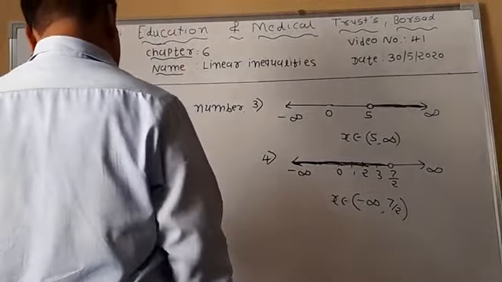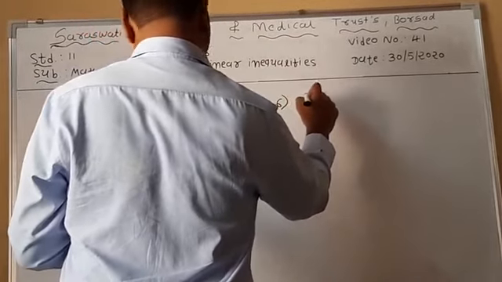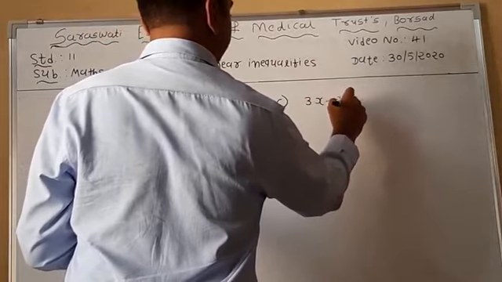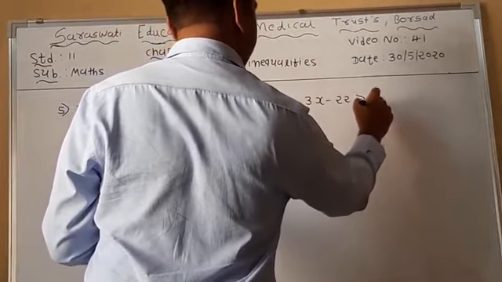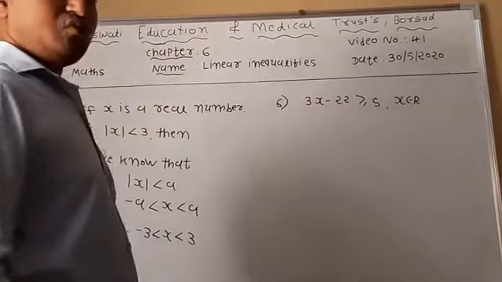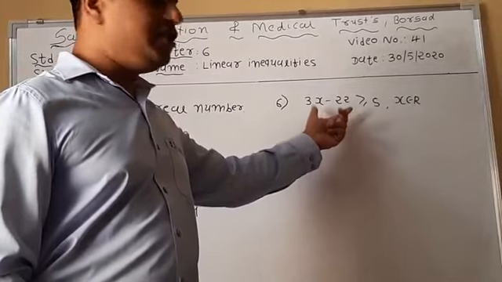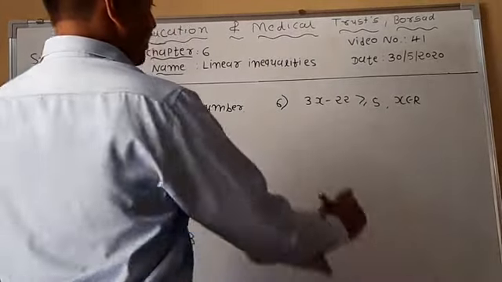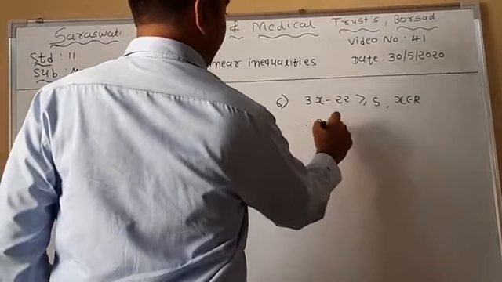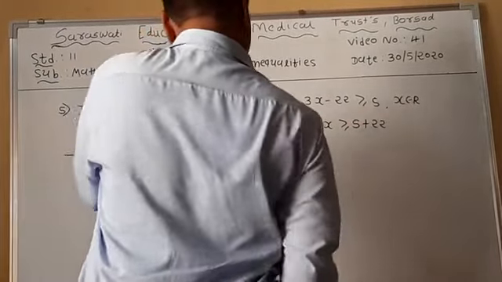Next question. Solve 3x minus 22 greater than or equal to 5, with the condition x belongs to R. Solve this inequality and find the value of x. So 3x is greater than or equal to 5 plus 22.